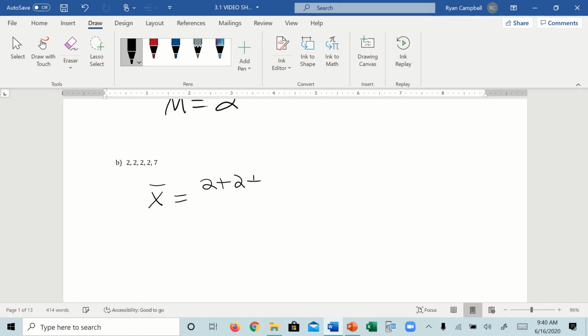So 2 plus 2 plus 2 plus 2 plus 7 divided by... oh, not 2. Excuse me, that didn't make any sense. There's not 2 values, there's 5 values. So when you add these up, you get 15. So 15 divided by 5 is 3.